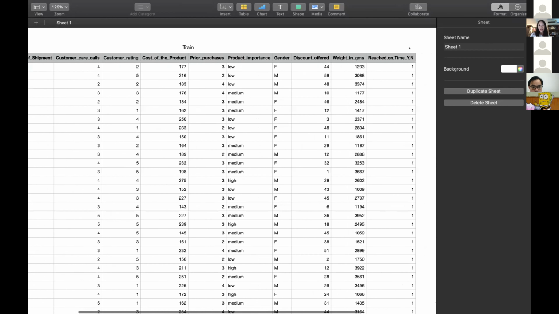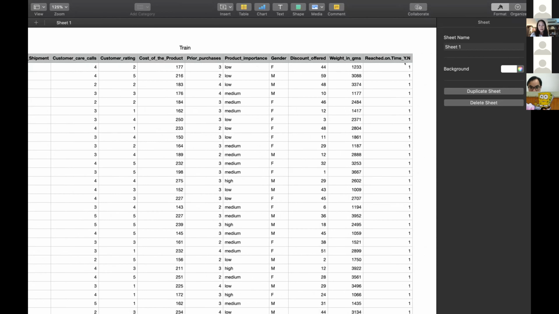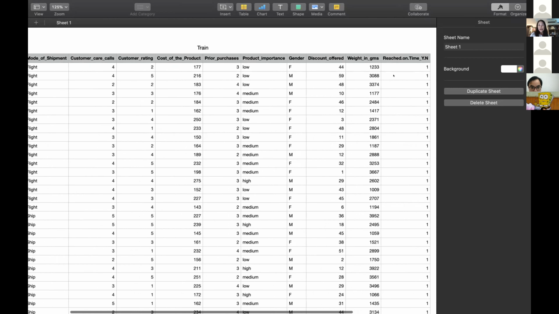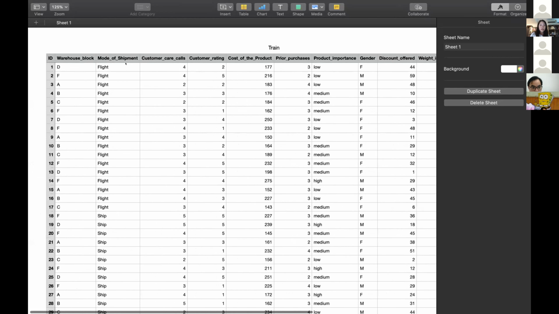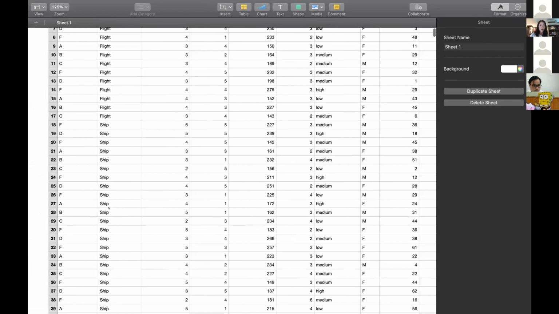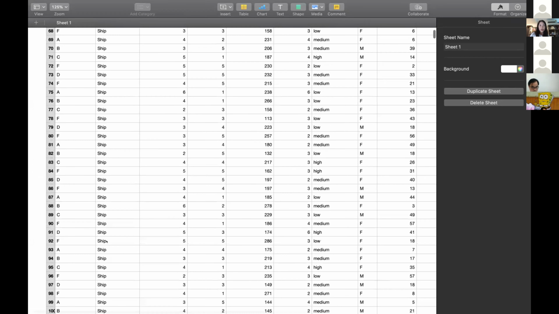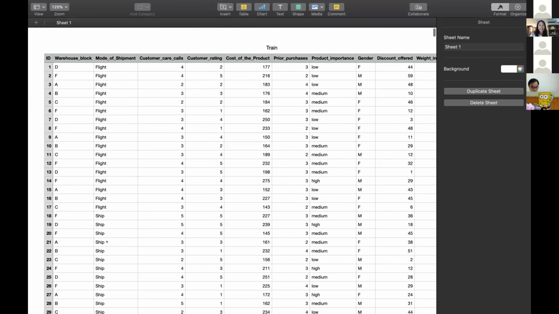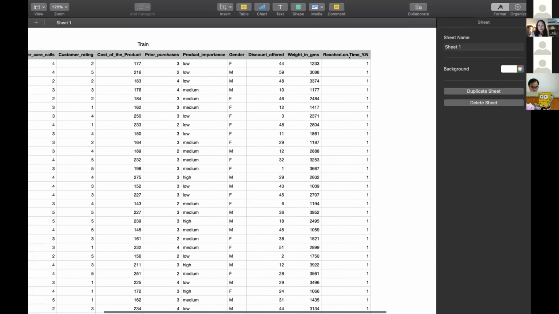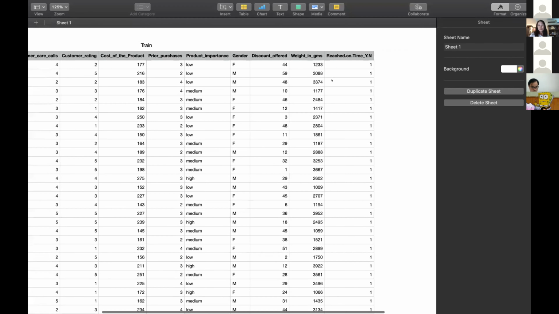And also the reached-on-time column, one for yes and zero for no. I want to know whether the mode of shipment, airplane flight, ship, or road, relates to reaching on time or not.